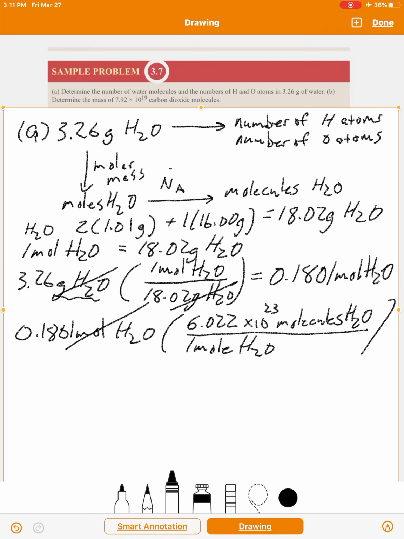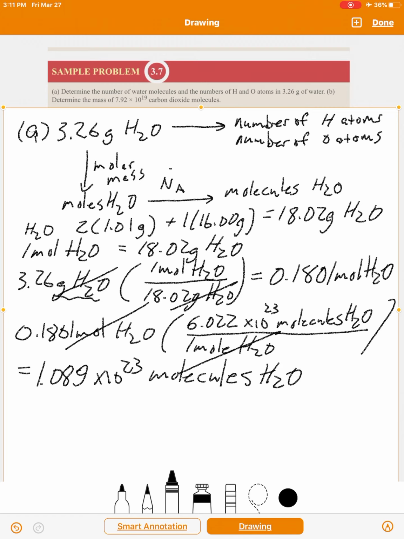That's going to get rid of moles of water. That's why I put moles on the bottom and Avogadro's number on the top. So times 6.022 times 10 to the 23rd. And we now have 1.089 times 10 to the 23rd molecules of water.